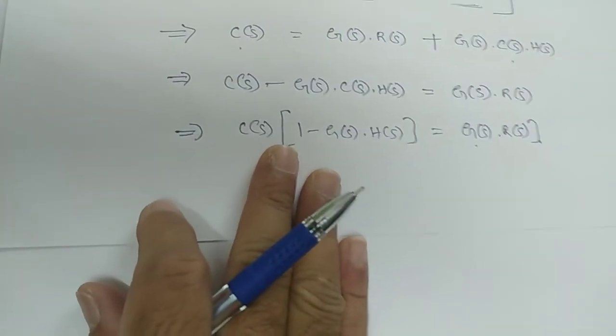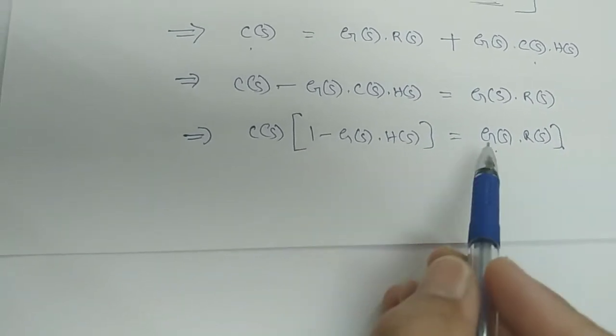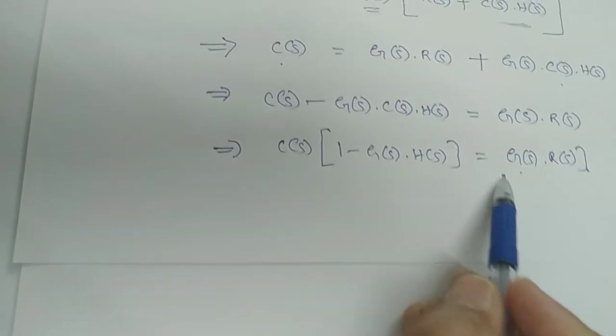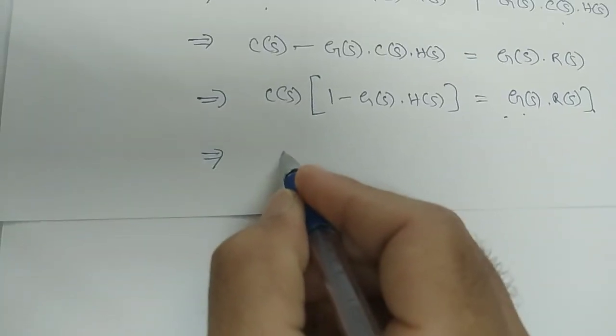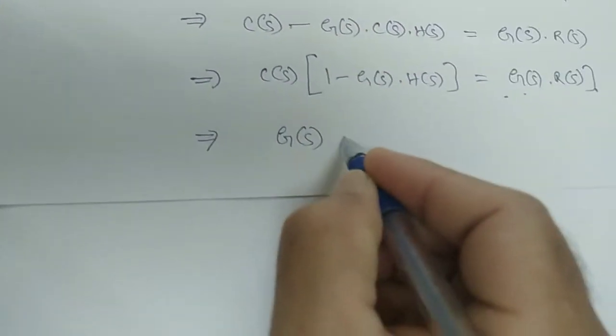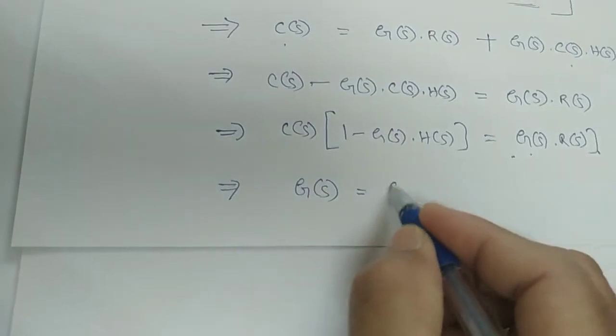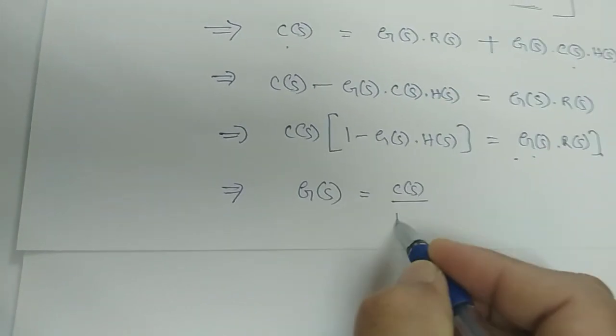From this you bring a relation. What is actually the output, C of s by R of s?